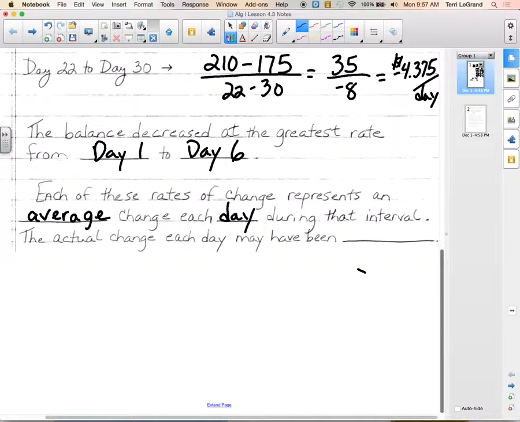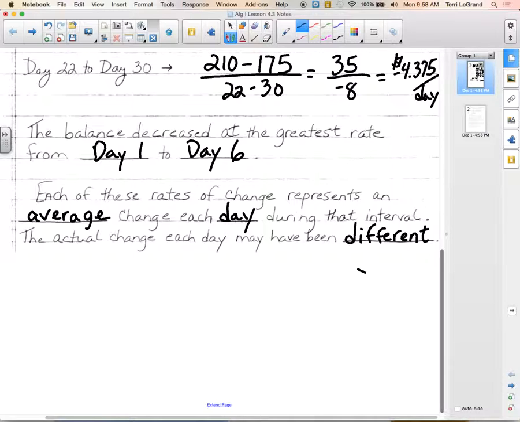So it could have been more than that one day, it could have been less than that one day, but when you average it all together during that time period, it's actually giving you an average change. And so the actual change may have been different on a daily basis. When we give the rate of change over the whole interval, we're actually giving an average rate of change.